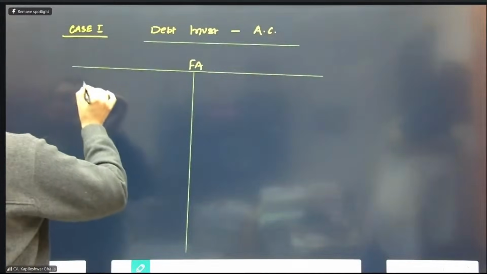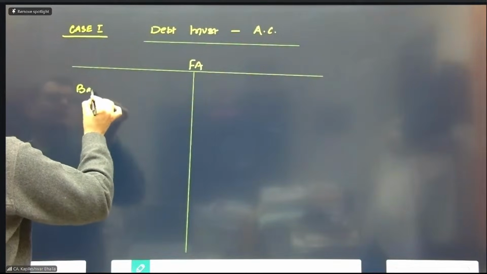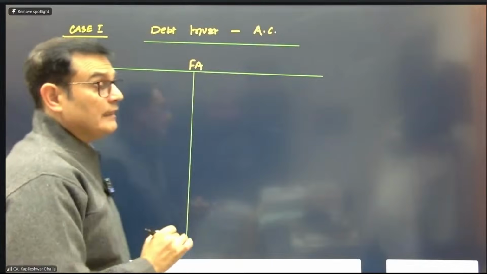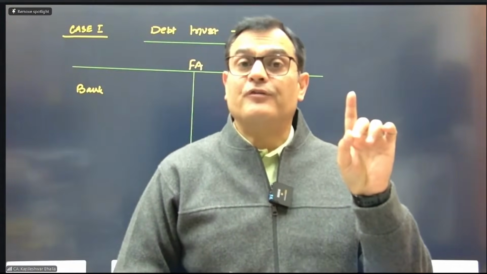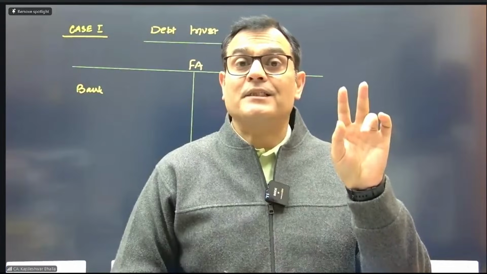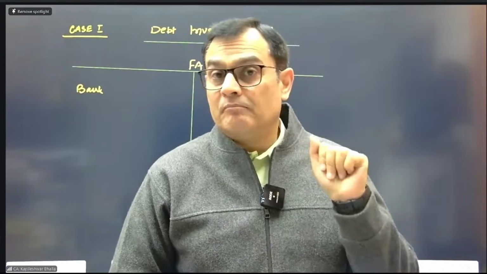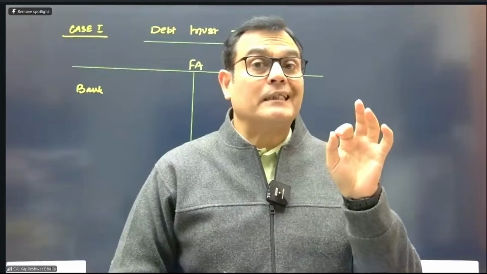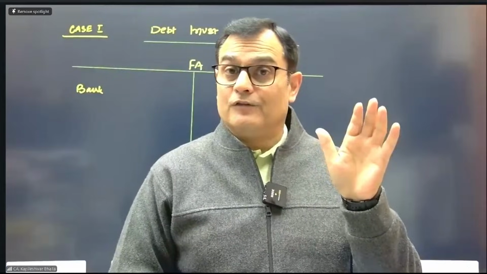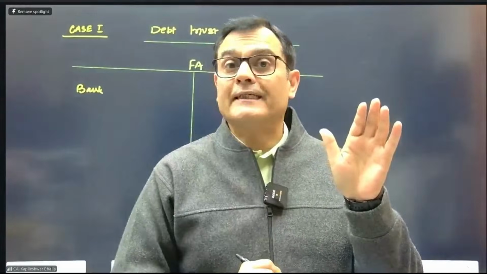Now, first of all, we record the initial recognition. So we made an investment in this bond at 95,000 and the TC will also be added. Mind you, in all these 5 cases, I will tell you the treatment of TC. So think carefully, then we'll make a chart in the end.